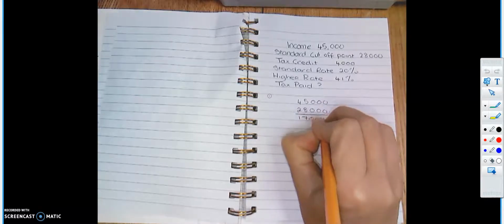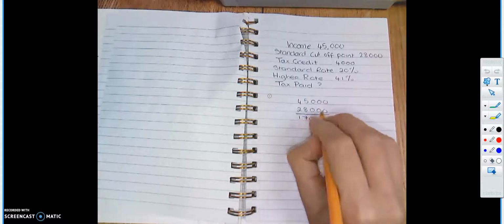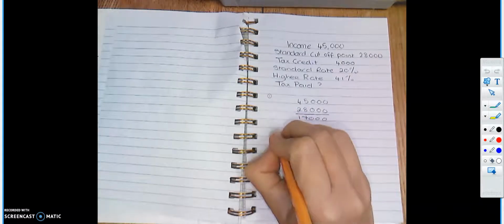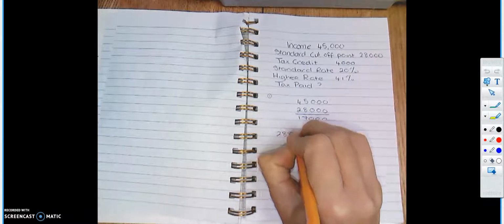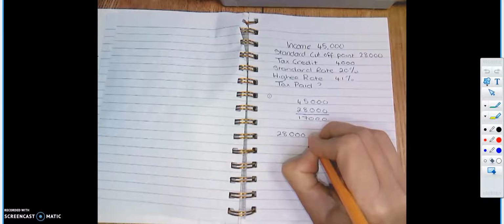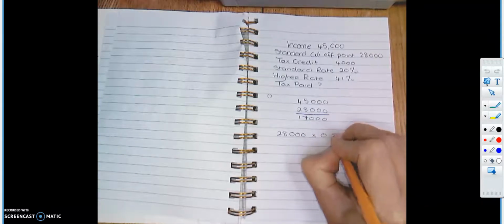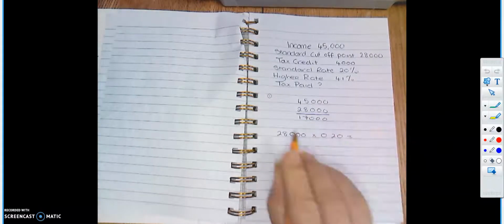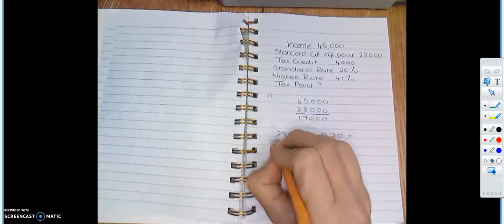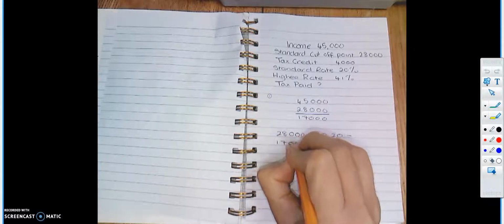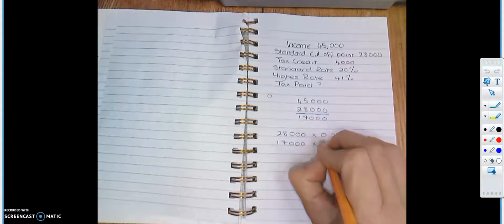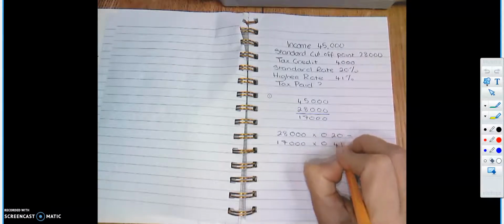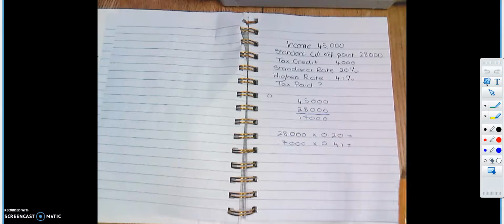What that means is the person is paying the standard rate on the 28,000, so we are going to have to work out what 28,000 times 0.20 is. And we are going to have to work out the high rate, which is 17,000 times 0.41. How I translate these to decimals for multiplying is you divide the percentage by 100.